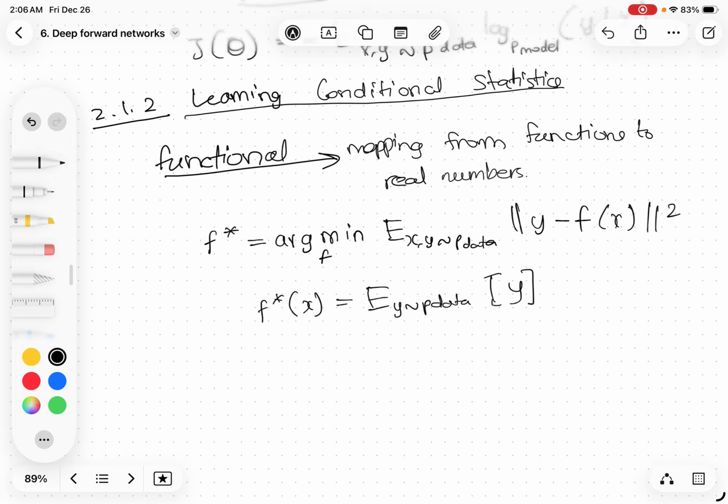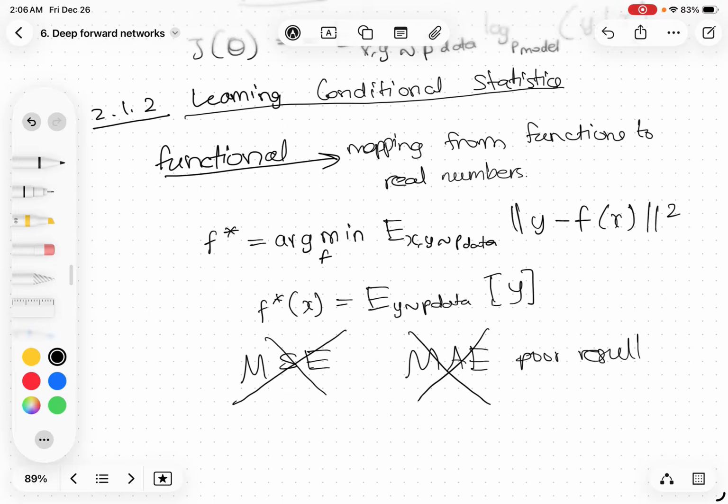A second result derived using calculus of variations looks kind of similar to this. Unfortunately, mean squared error and mean absolute error often lead to poor results. We don't want to be using them.